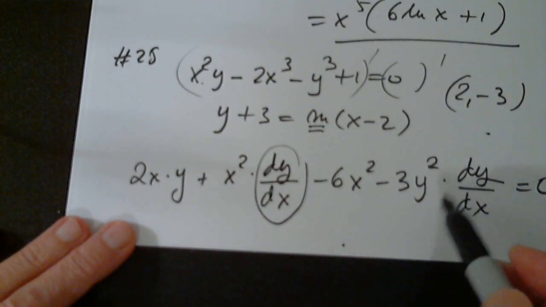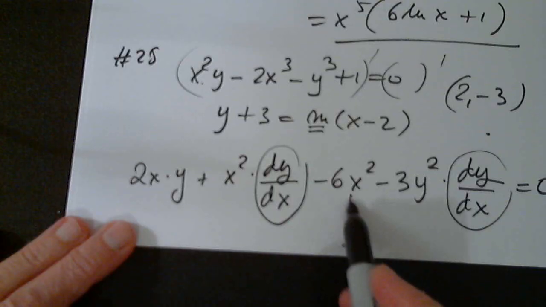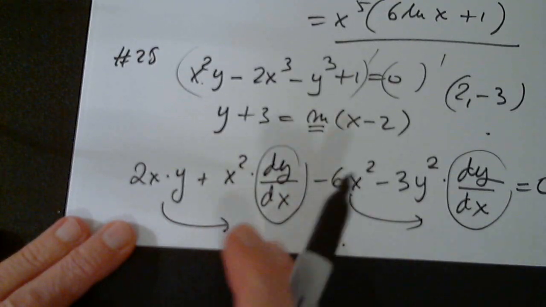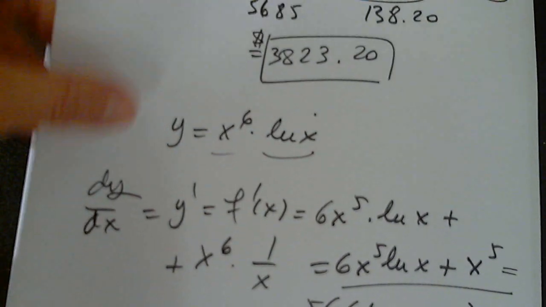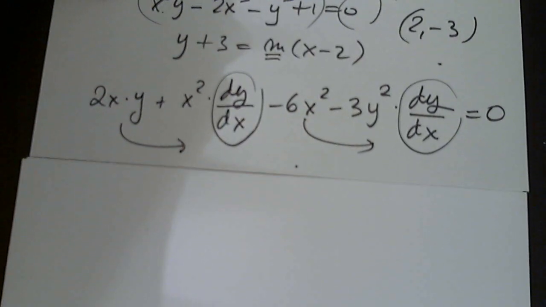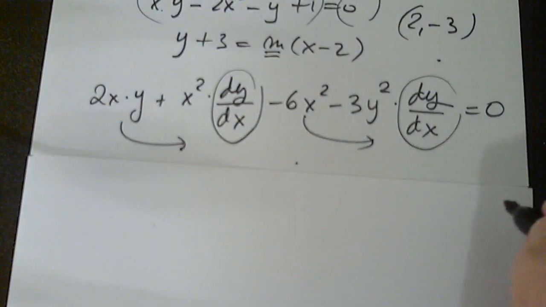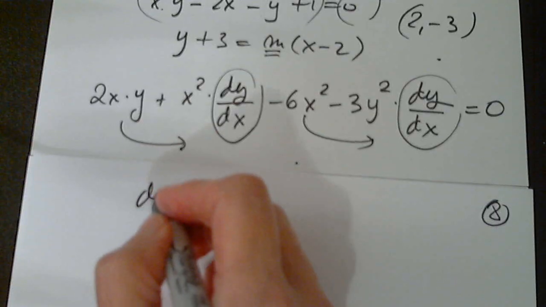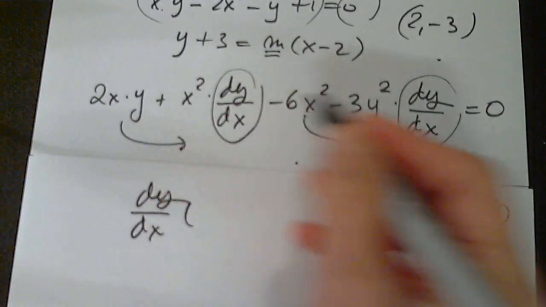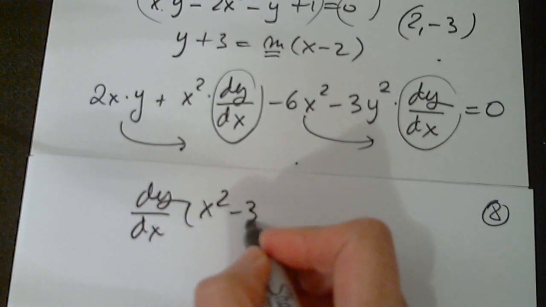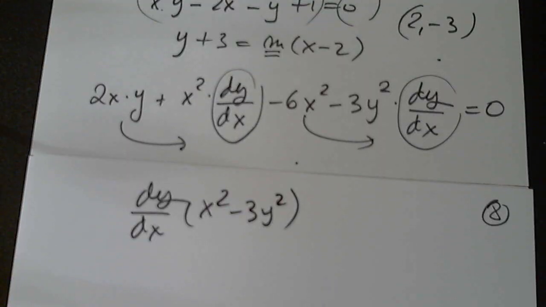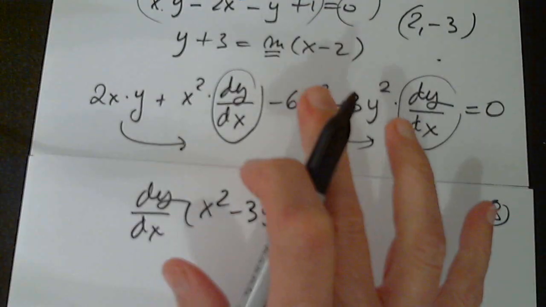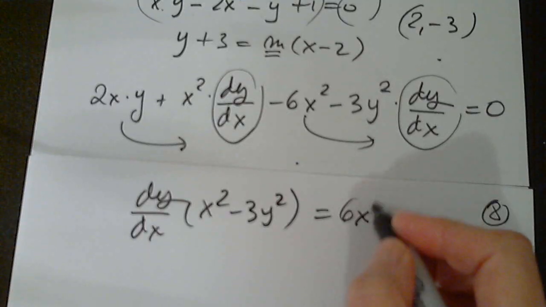I have to solve for this, moving these two terms to the other side. So dy over dx, and I factor x squared minus 3y squared, equals. This moves to the other side, it becomes positive.